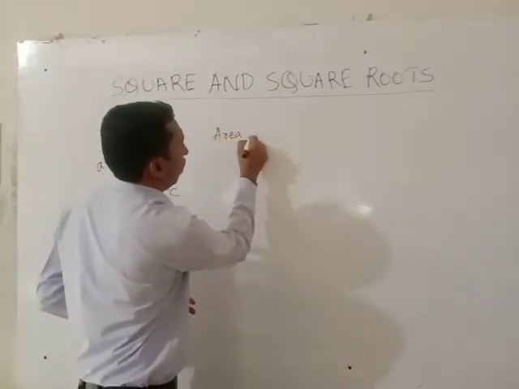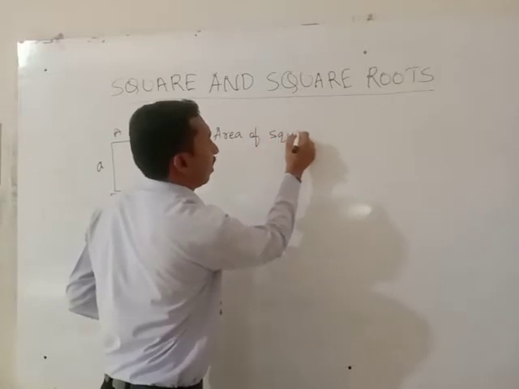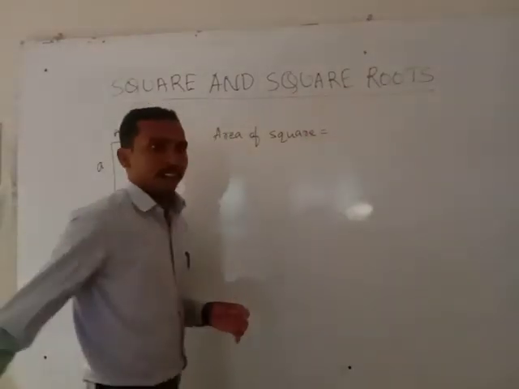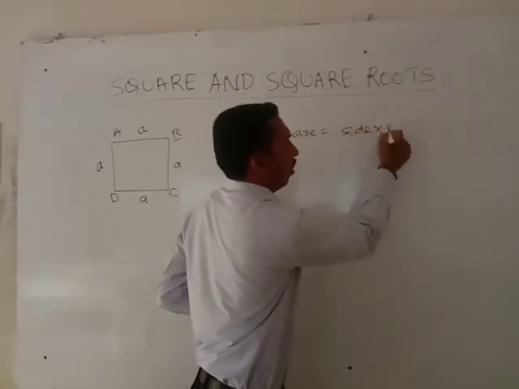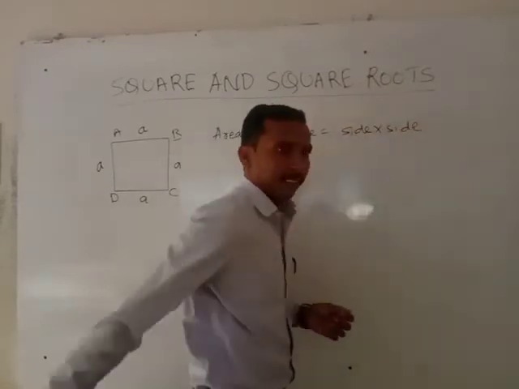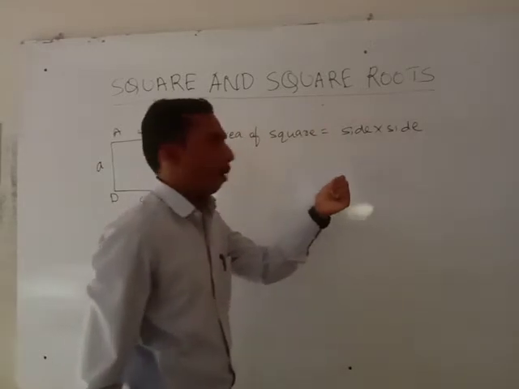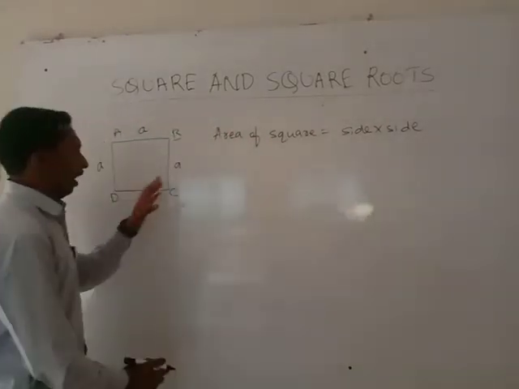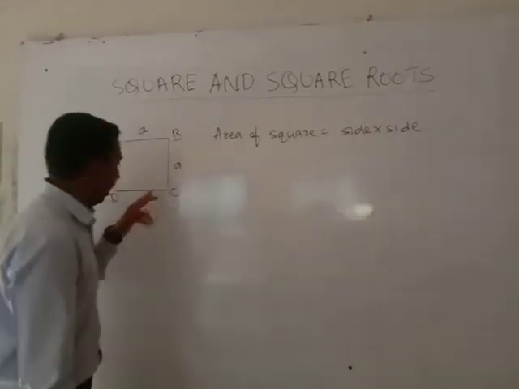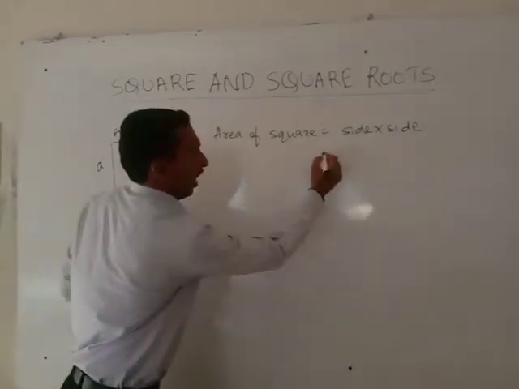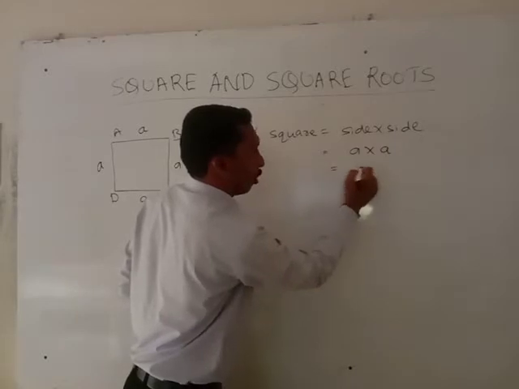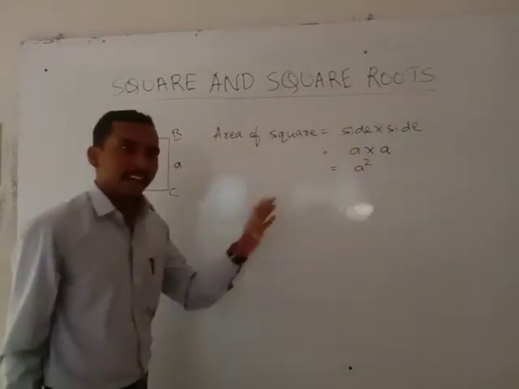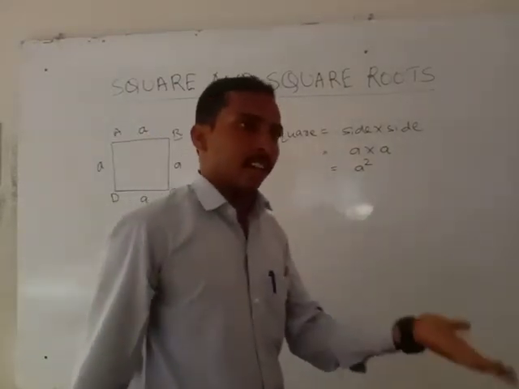Area of a square is nothing but side into side. Now if here the side is A and here the side is A, can you find the area of this square? That is A into A, which equals A square in general.